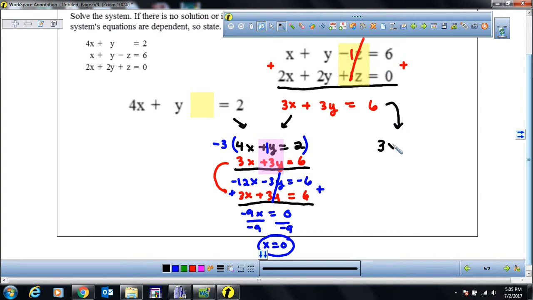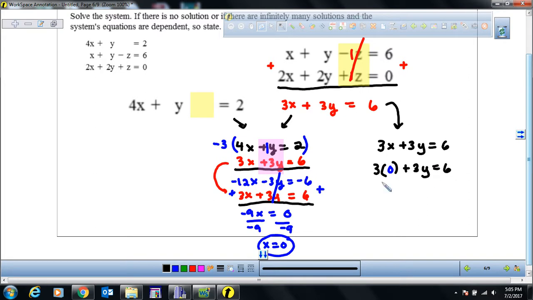So 3x plus 3y equals 6. We already know that x is equal to 0, so I'm going to replace the x with the 0 right here. Plus 3y equals 6. So 3 times 0 is 0, and that just gives me 3y equals 6. Divided by 3, it gives me y is equal to 2.